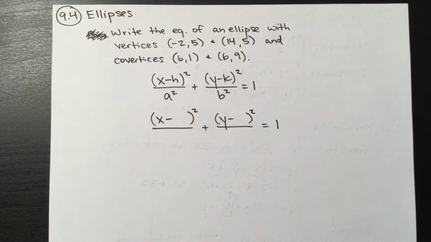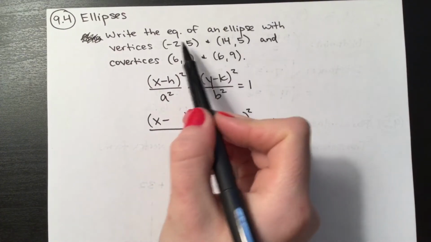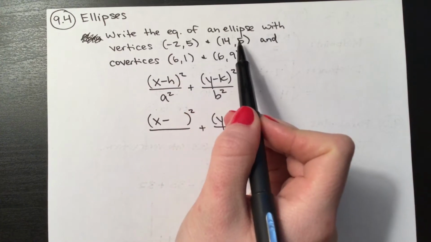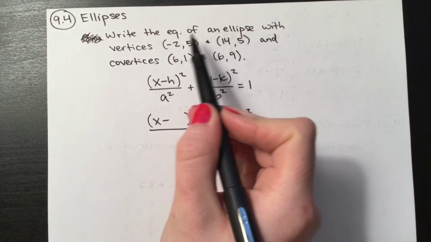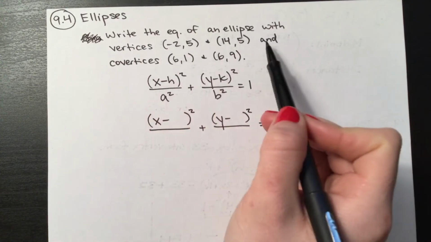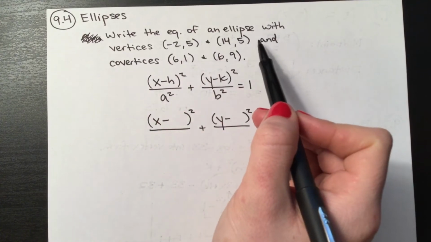So here's a really, really easy way to find the center. Look at what the vertices have in common. Okay, so these are just going to be on a line. So if you plot this point and you plot this point, notice what they have in common. They both have a y value of 5. So these vertices are going to be on a horizontal line that both have a y value of 5. That horizontal line is going to run straight through the center.